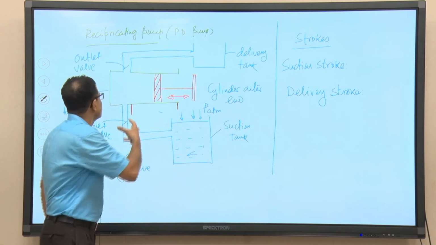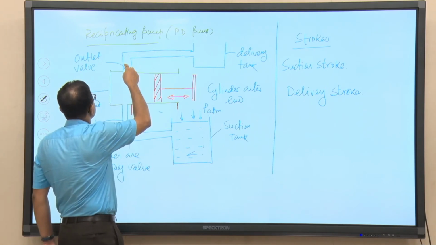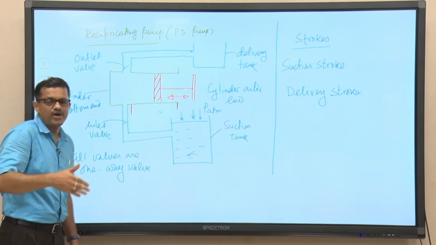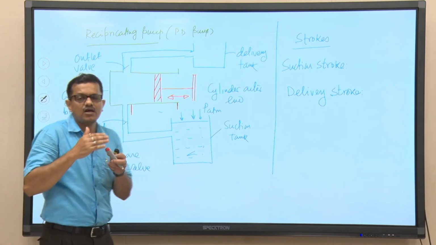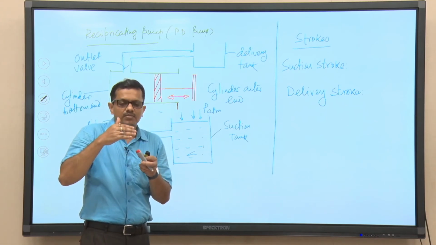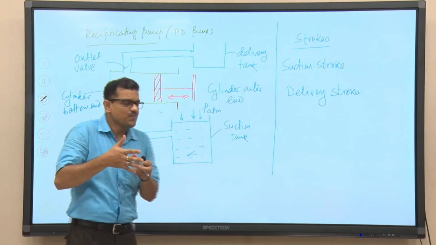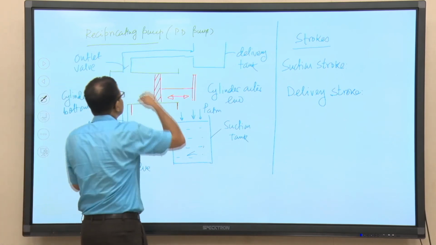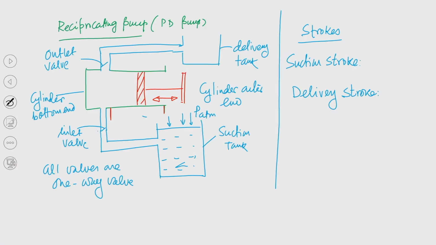Because of this pressure, the outlet valve will open, I mean when the pressure acting on the liquid volume inside the cylinder goes beyond the threshold value, then only this outlet valve will open and the liquid will go through the delivery pipe to the delivery tank. So, this is the delivery pipe. And this is the suction pipe.